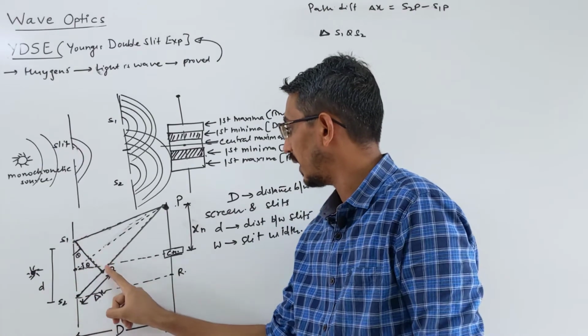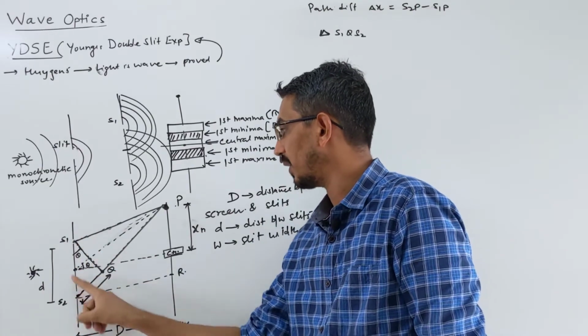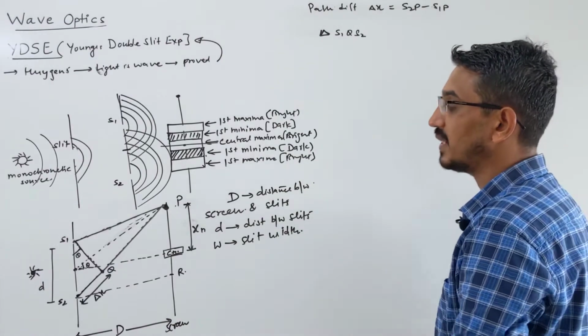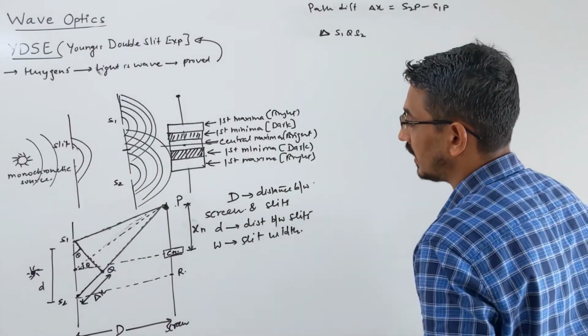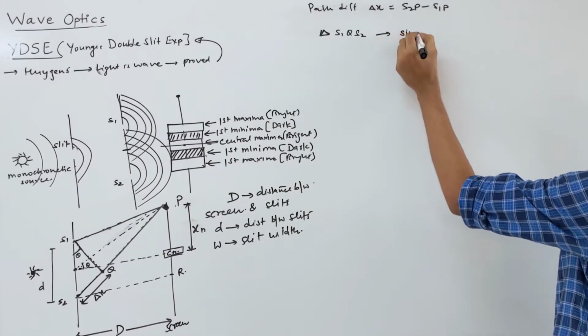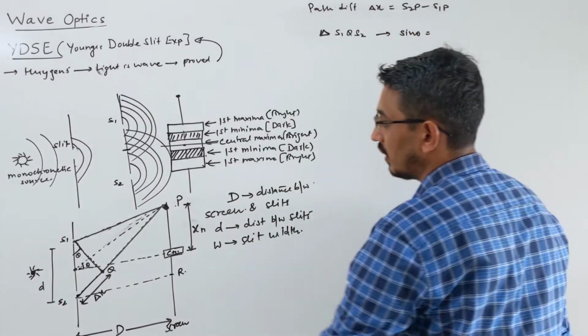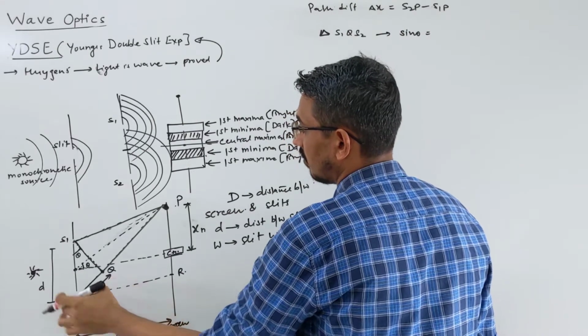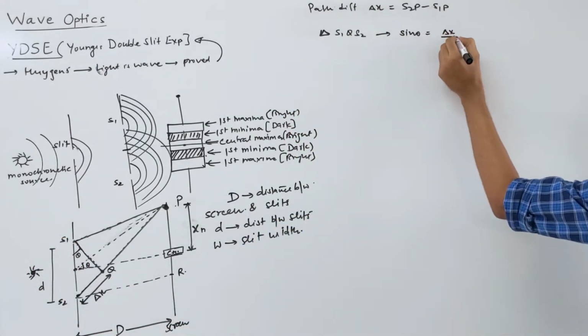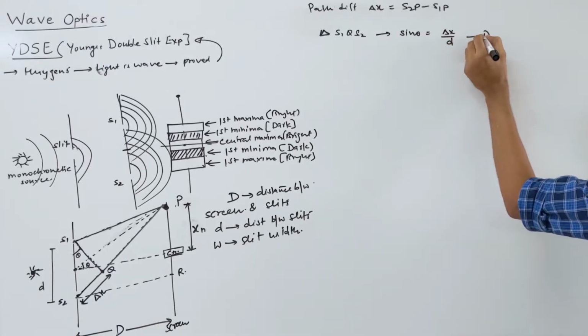From this small triangle, what is sine theta? Sine theta will be equal to del x by d. This is your equation 1.